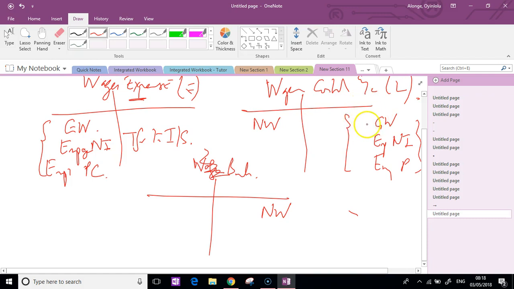Your PAYE and your national insurance, and the employer national insurance is still here. So we create an HMRC liability account so we clearly know who it's for. We take those three out: PAYE, employee national insurance, employer national insurance.